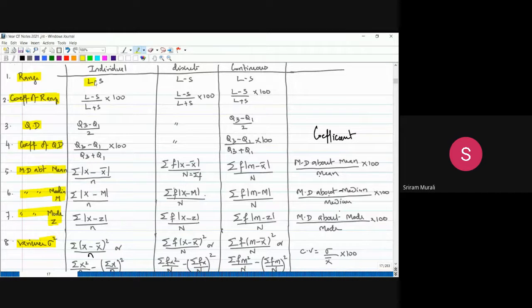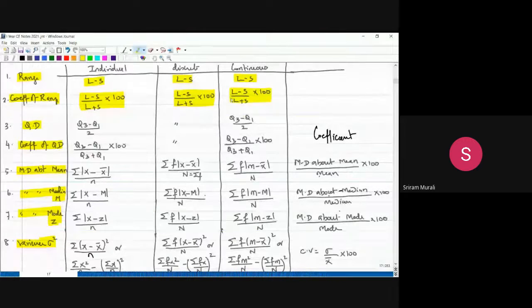First, range is L minus S, for individual, discrete and continuous data. Coefficient of range will be L minus S by L plus S. In the total of L and S, it is the contribution of the range, L minus S. The same formula can be used for discrete and for continuous, I mean grouped data.